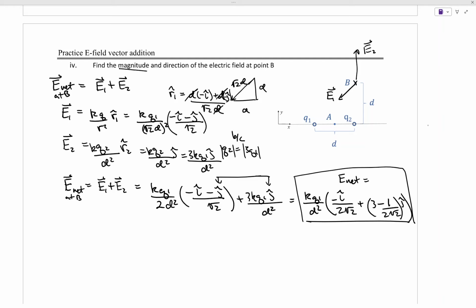But we're after the magnitude and the direction, so actually we would need to compute those two parts. So we have values for all of these charges. So we know that Q1 was, what was Q1? 1 microcoulomb.